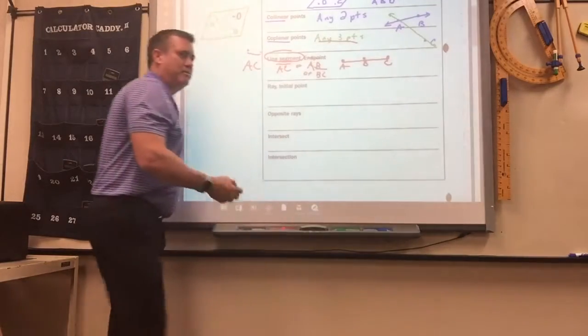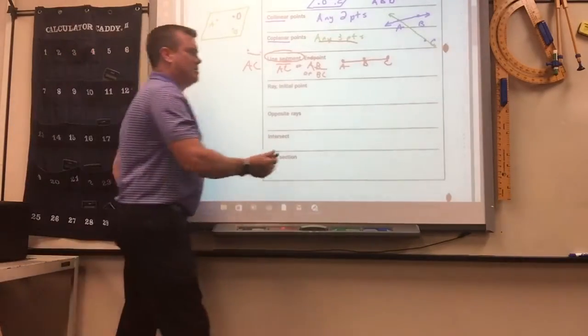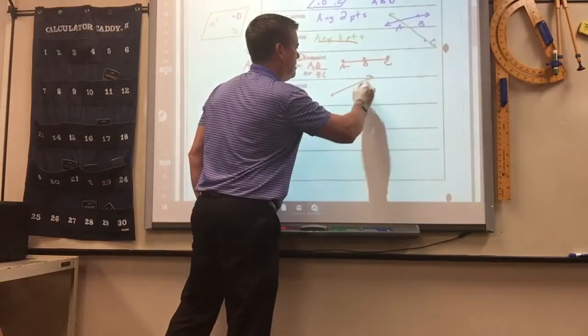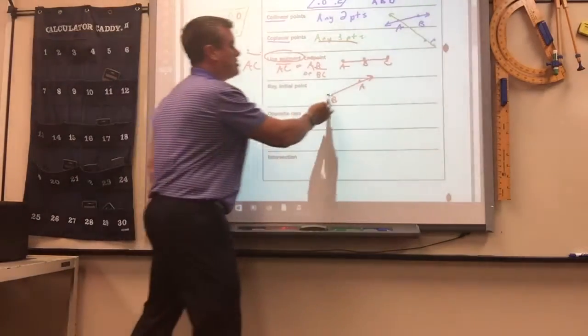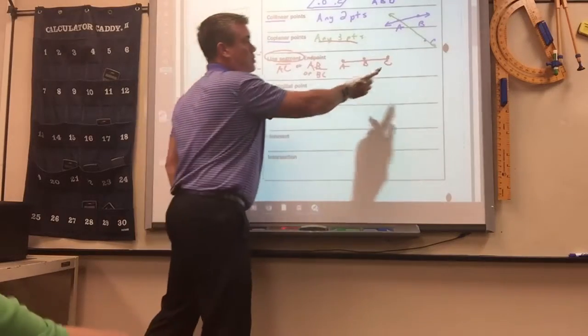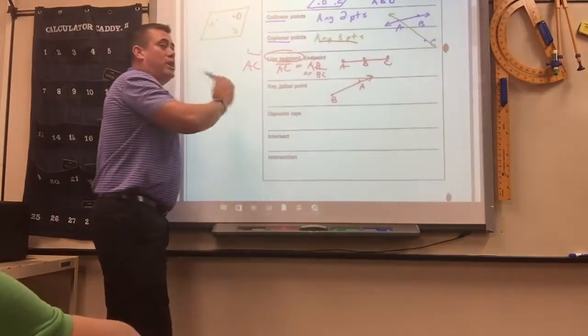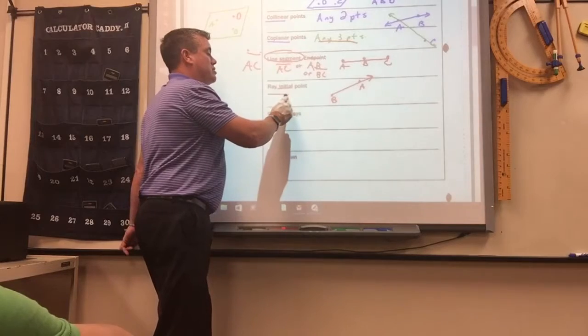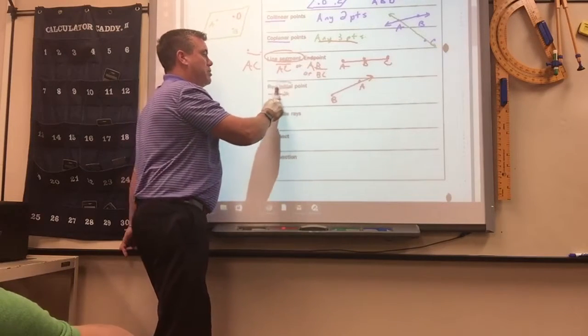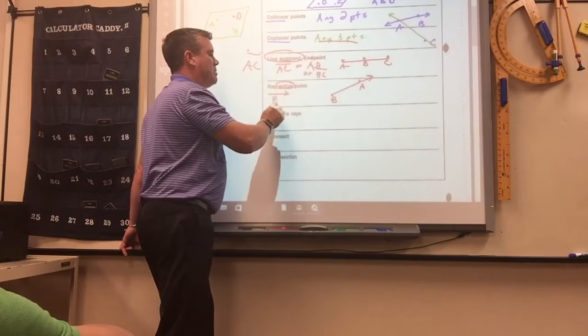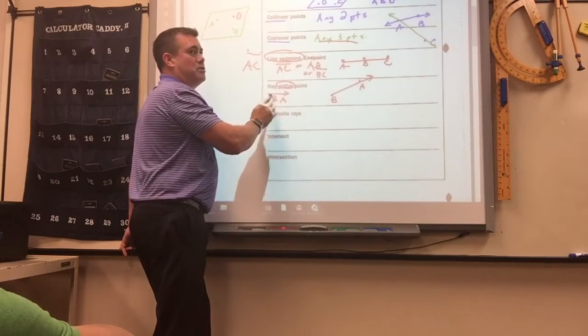Ray, you remember what a ray is? Okay, there's a ray. It starts at the initial point and then goes in one direction. The way you label this is, a ray is just a line like that, but you do have to put the initial point first. It's got to be BA because the first letter tells you where to start.